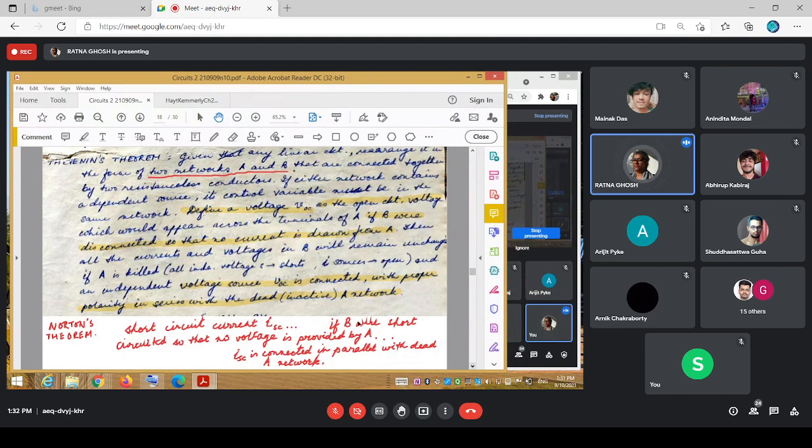The equivalent representation would be a current source ISC, the short circuit current source, connected not in series but in parallel with the dead A network. So that would be the dual of this one.